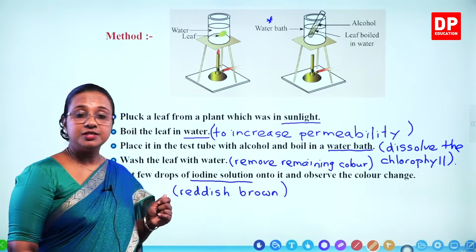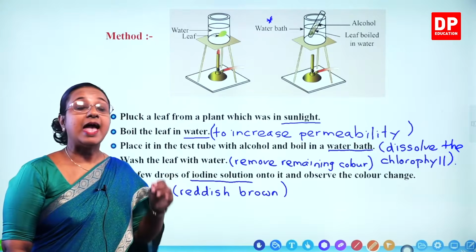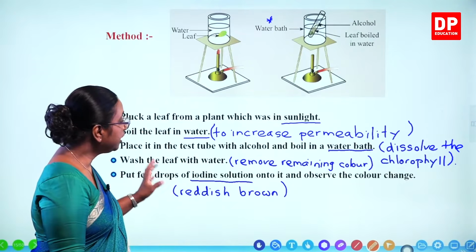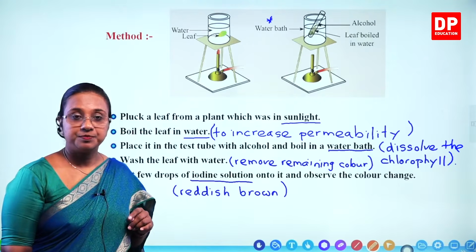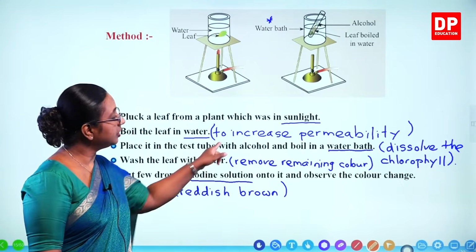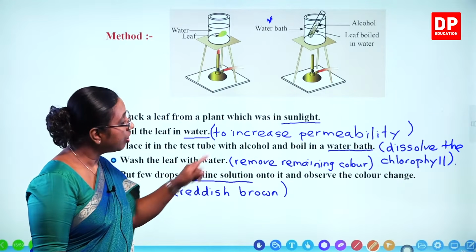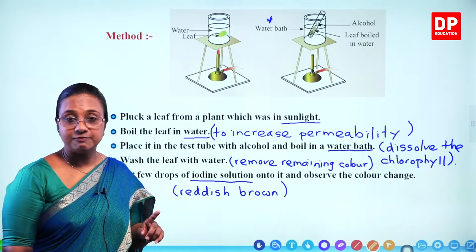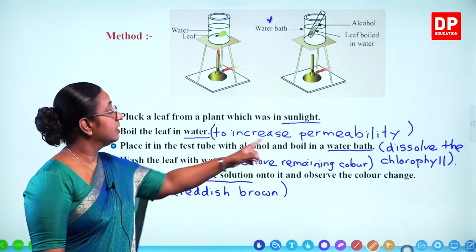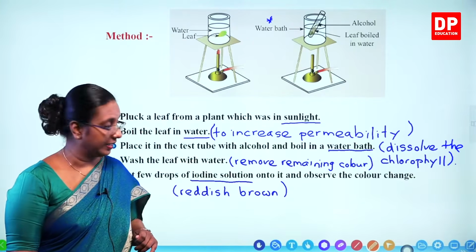So here students, you have to remember the order of the steps and mainly you need to know why we carry out each step. Boil it in water to increase the permeability. Boil it in alcohol using a water bath because alcohol is highly inflammable, and by boiling it in alcohol we dissolve the chlorophyll.